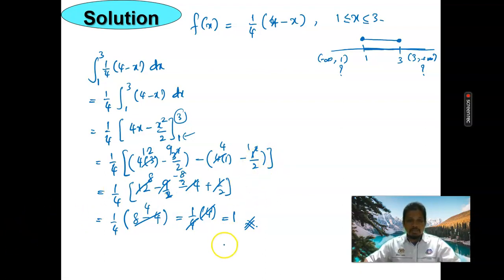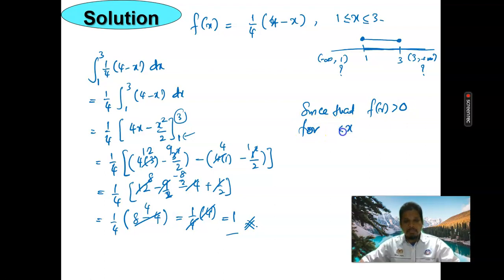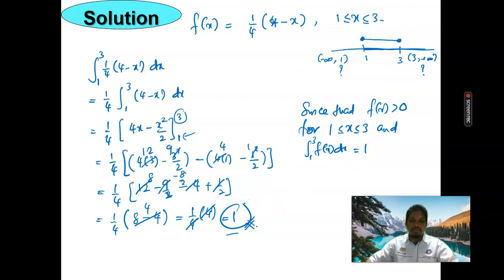So now, with this answer here, we write a conclusion that f(x) is greater than 0 for x in between 1 until 3, and the integral of f(x) dx from x equal to 1 until x equal to 3 equal to 1, we have proved just now.